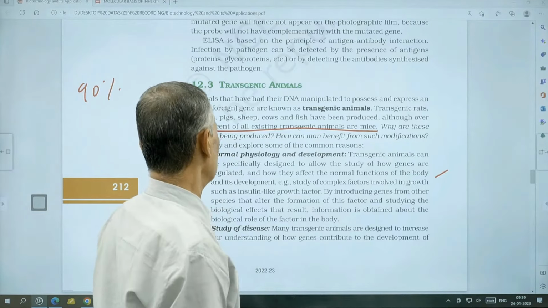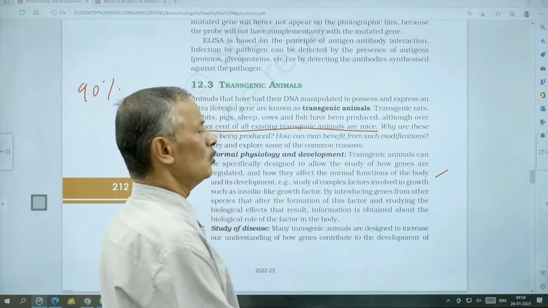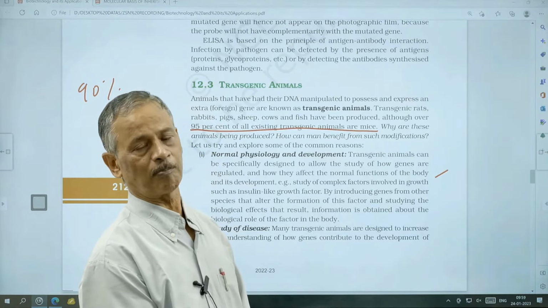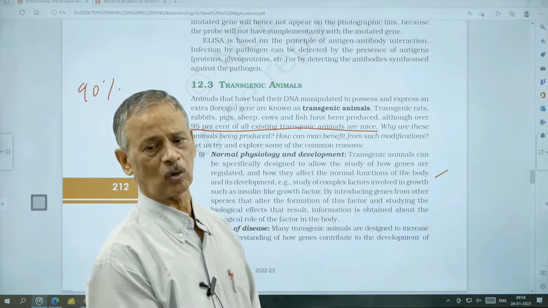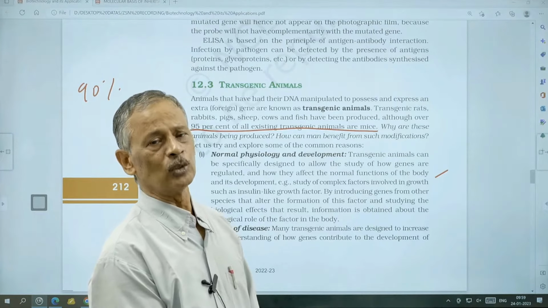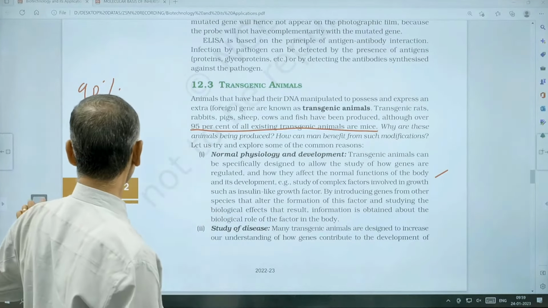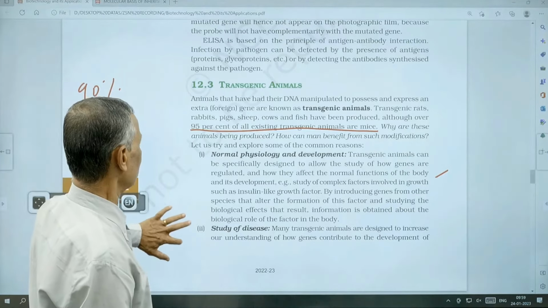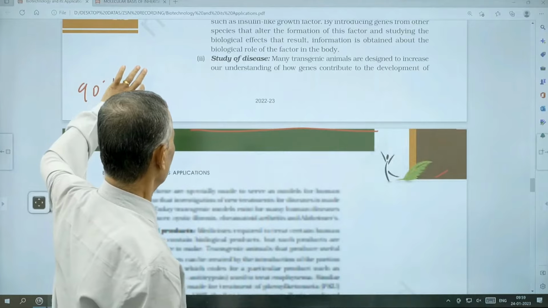Okay. Similarly, how a disease is appearing, how a symptom is appearing, what are the symptoms that are caused, how gene mutation can result in the appearance of certain symptoms, and thus study of diseases.